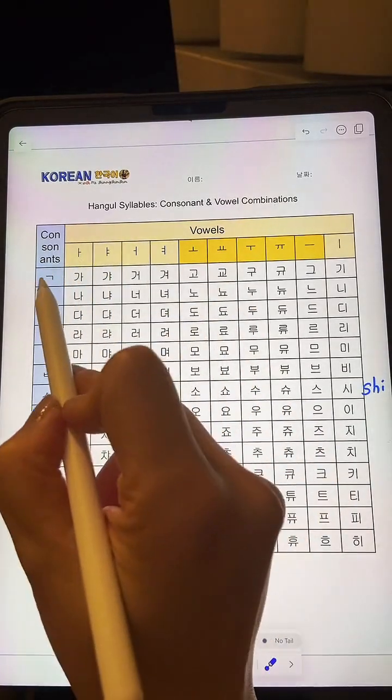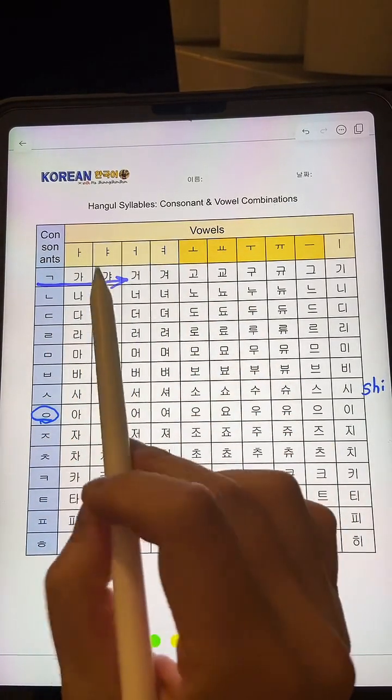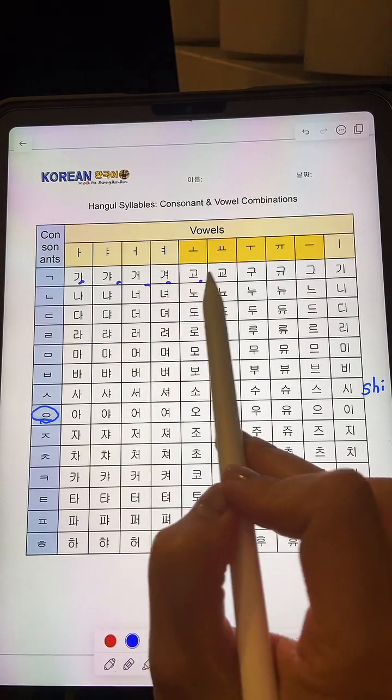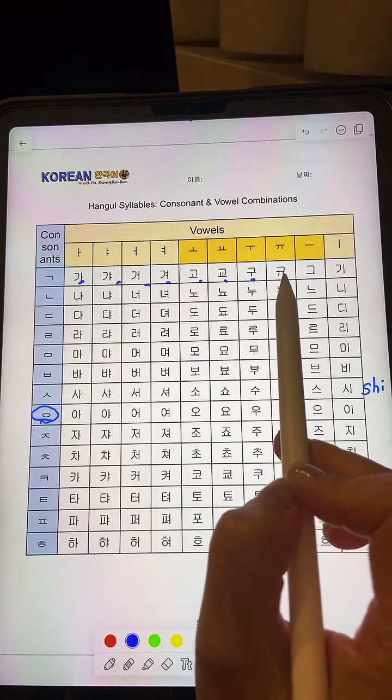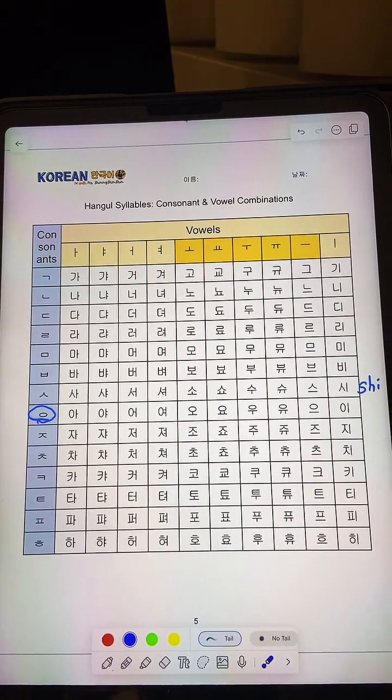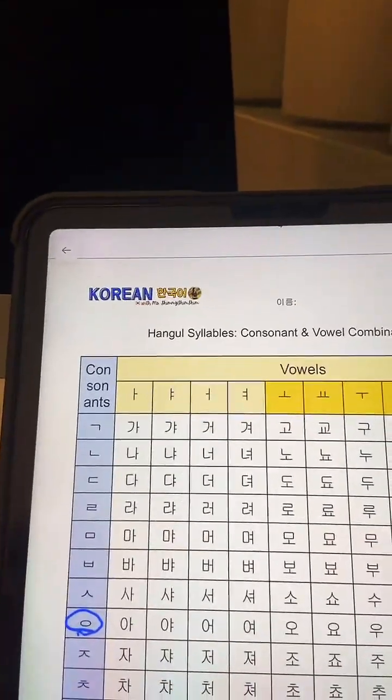So then let's go over that one. It would be 가, 갸, 거, 겨, 고, 교, 구, 규, 그, 기. Okay? Let me flip the camera. So the first row: 가, 갸, 거, 겨, 고, 교, 구, 규, 그, 기.